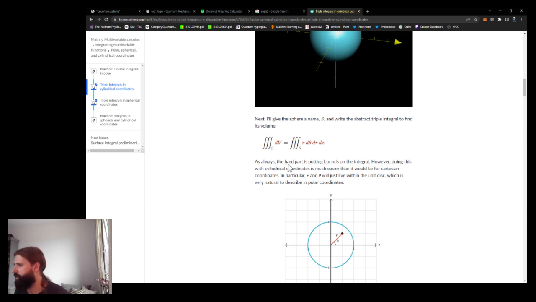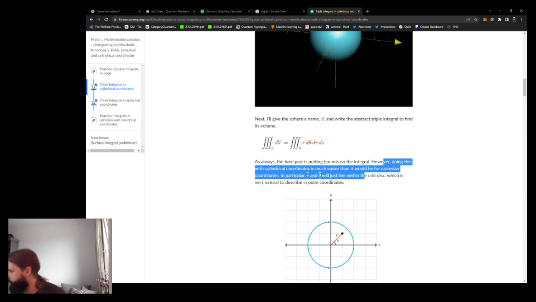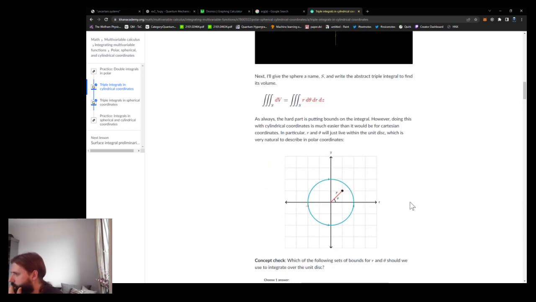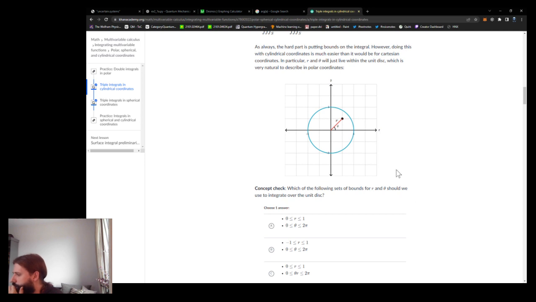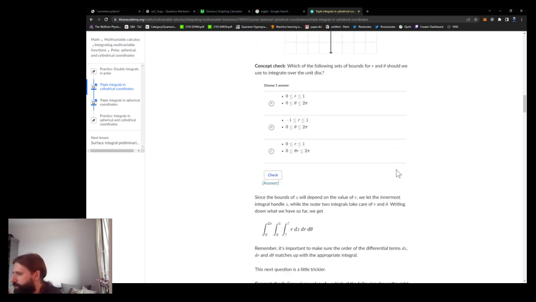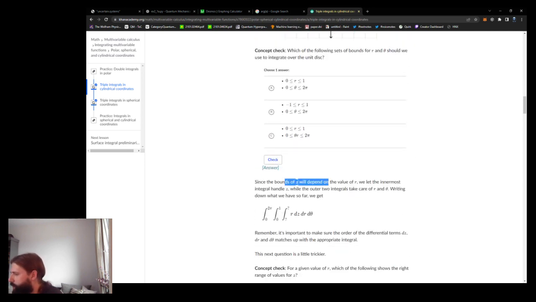As always, the hard part is putting bounds on the integral. However, doing these with cylindrical coordinates is much easier than with Cartesian coordinates. Particularly r and theta will just live within the unit disk, which is very natural to describe in polar coordinates. Since the bounds of z will depend on the value of r, we'll let the innermost integral handle z, while the outer 2 integrals take care of r and theta.